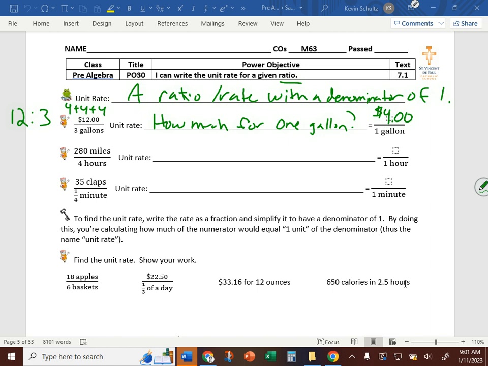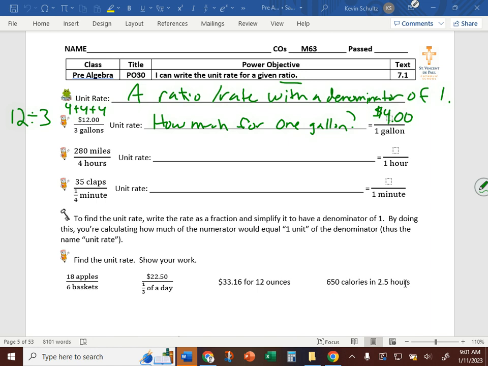Okay, you can even take that ratio and just go like this. Everyone watch. So 280 miles for 4 hours.